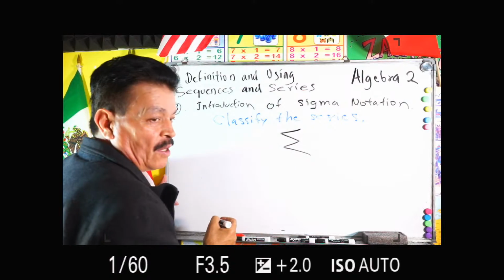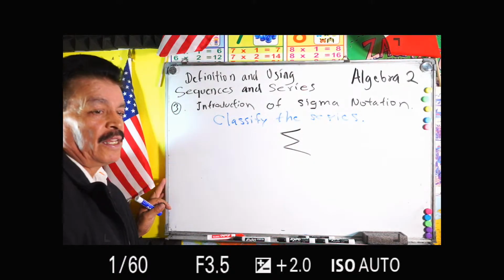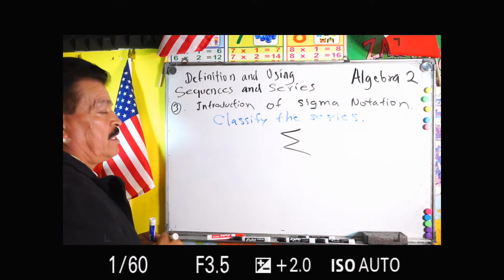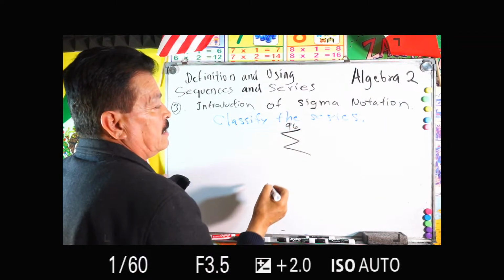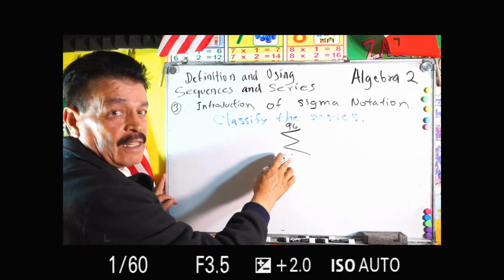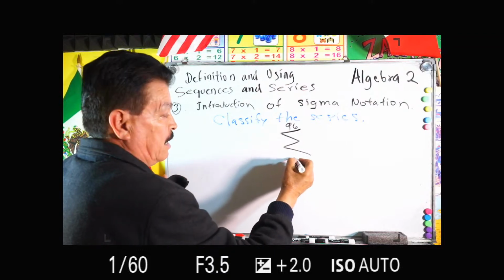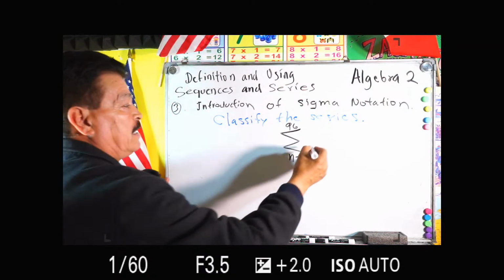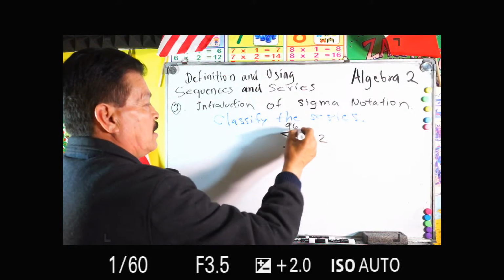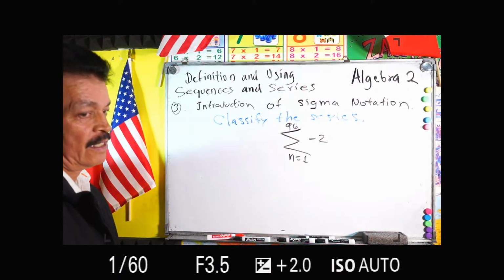Here, for instance, you write 96, and then below n equals 1. And then here just write a -2. That's the classification.